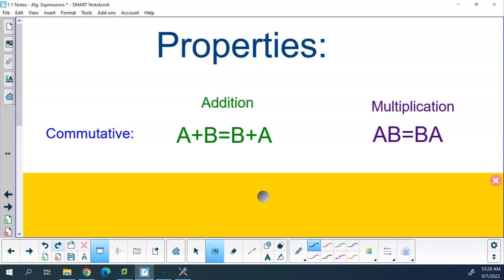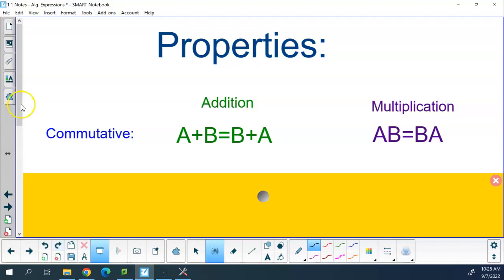The order doesn't matter. Okay? That is what the commutative property tells you. 2 plus 7 is the same as 7 plus 2. 16 times 356 is the same as 356 times 16. Okay? That's what that's saying.